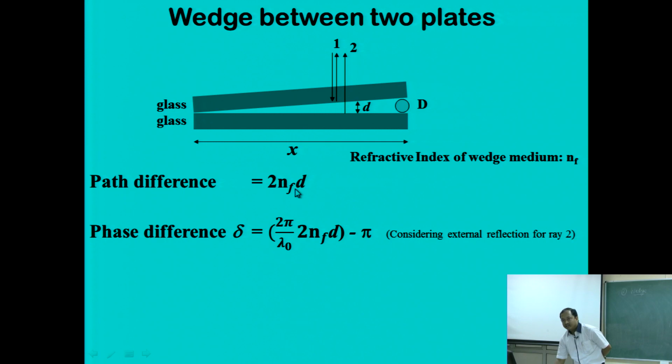So that is 2 NF d, the additional optical path ray 2 travels. The phase difference due to this additional path traveled is 2 NF d times 2 pi by lambda naught. And then you can see we have kept an additional pi here. You can understand by now this must be coming from some external reflection.